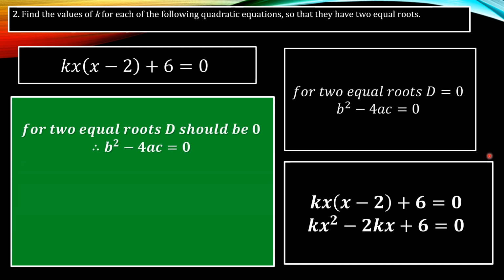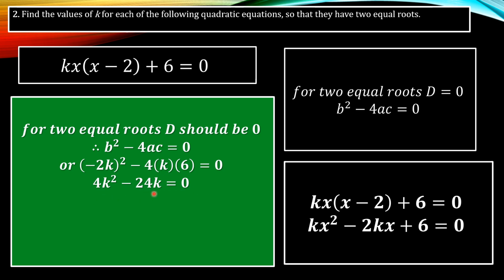Let's see how. b square minus 4ac is equal to 0 for two equal real roots. Replace the value of b by minus 2k, a is k, c is 6. On simplifying, we get 4k square minus 24k is equal to 0.